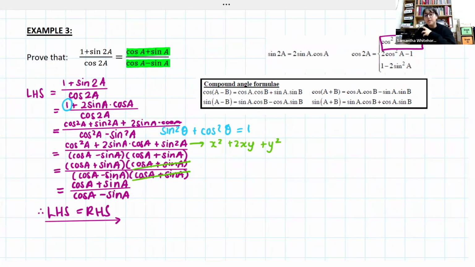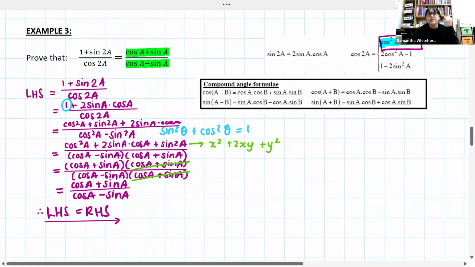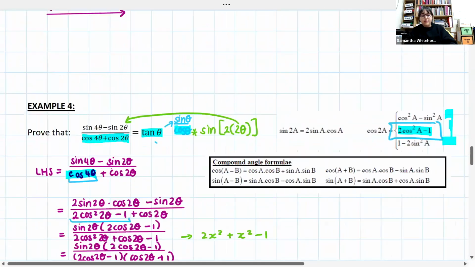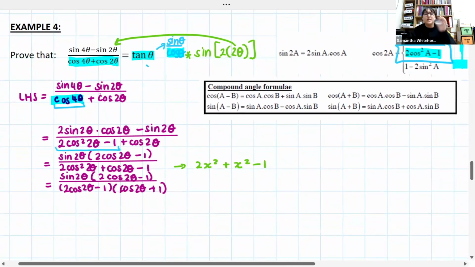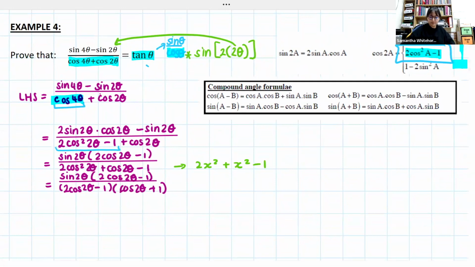So I needed to look at my identities and decide which one would give me a cos and a sine. That would have been my first identity. So you always need to be referring back to what it is you're trying to prove, back to what it is you're trying to get your identity to be equal to, to decide which one is which. Sorry, there's just someone at my door. So essentially, that's how you decide what you want to do. You go back to what it is you started with and you decide how to make it.